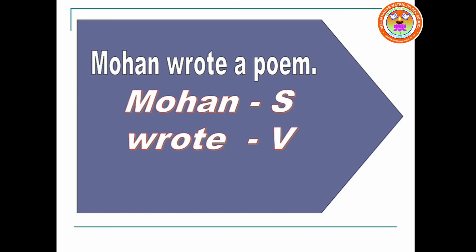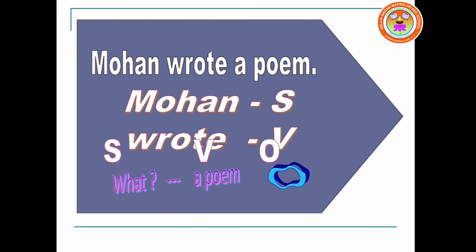So, a poem is the object. The pattern for the sentence Mohan wrote a poem is SVO. Remember, children, we have to use S for subject, V for verb, O for object.